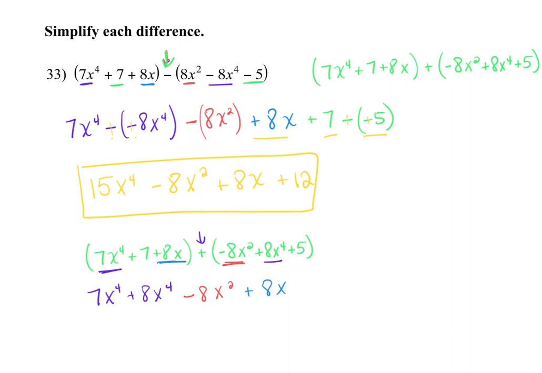And then I have a 7 now plus a 5. So if you change it to adding the opposite, you get the same thing: 7 plus 8 is 15, negative 8x squared, positive 8x, 7 plus 5 is 12. Whether you do it with subtraction or by adding the opposite of everything in the second group, you'll get the same answer.